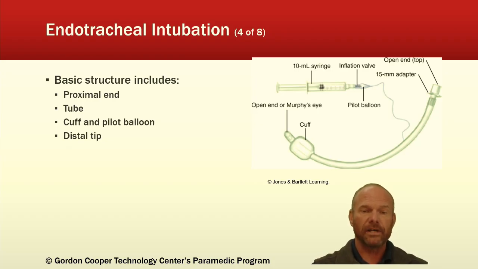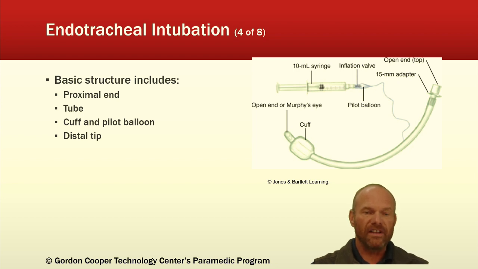What that does is create a seal in the trachea, preventing air leaks and aspiration. The pilot balloon also indicates whether the distal cuff is inflated or deflated after the tube is placed. So you're able to give it a little squeeze and understand if you've still got some air in your cuff.